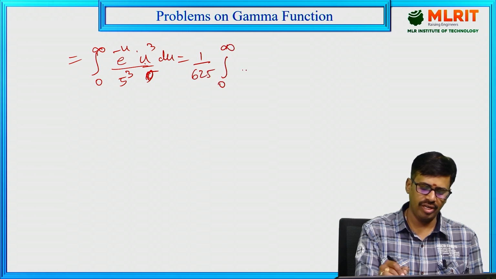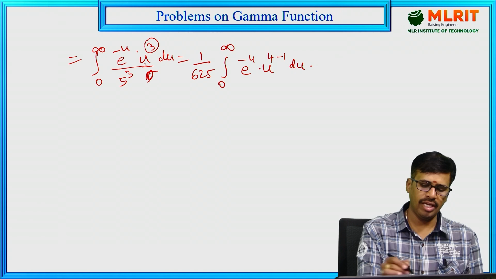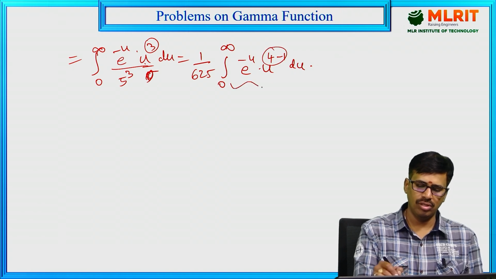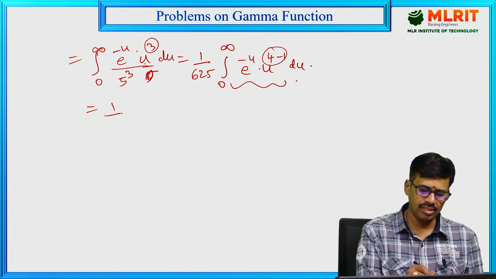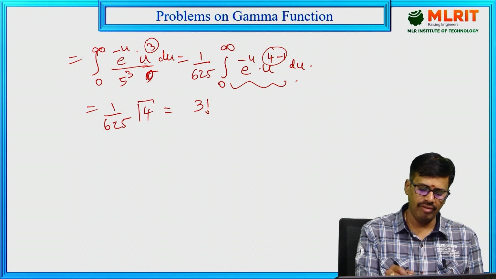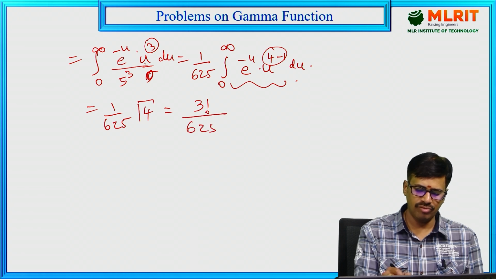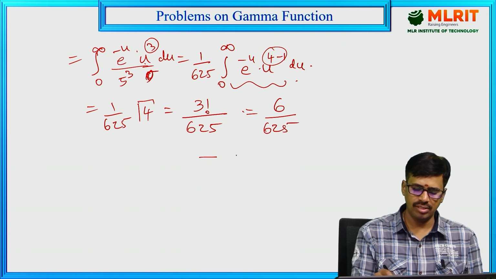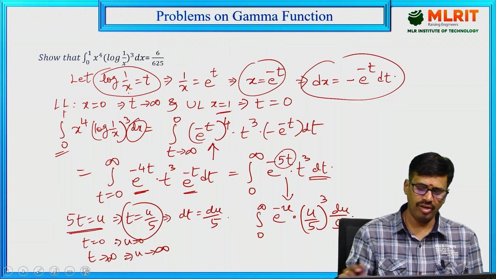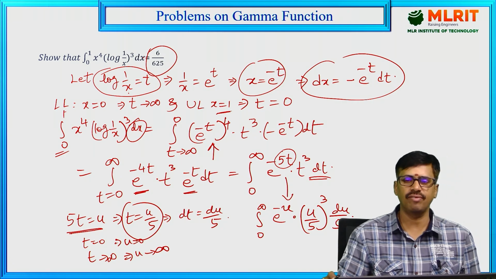The integral from 0 to infinity of e power minus u into u power 4 minus 1 du. This 3 can be written as 4 minus 1. So this integral can be written as gamma of 4 by 625, but gamma 4 is 3 factorial. 3 factorial is 6, so we get 6 by 625. This is what we have to prove, 6 by 625. Thank you.